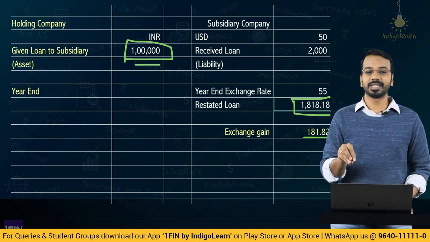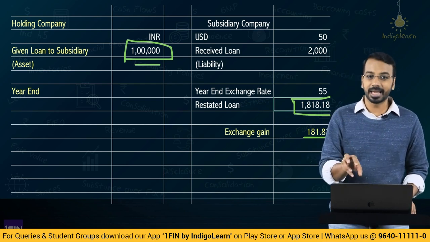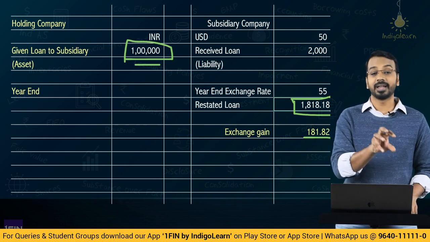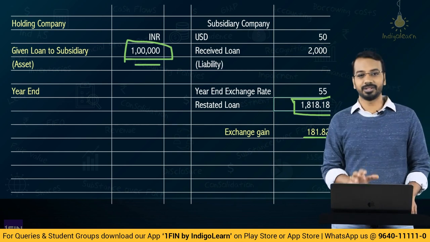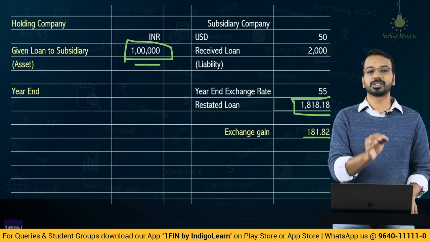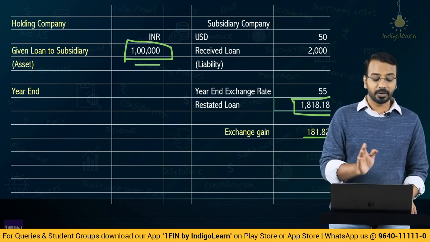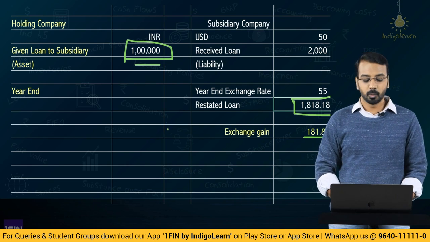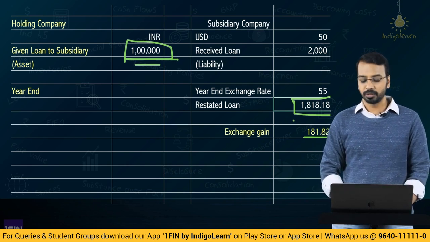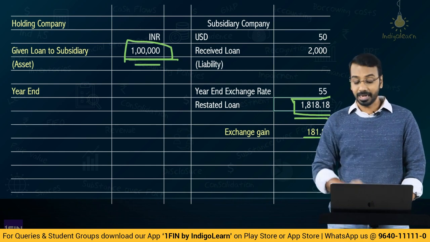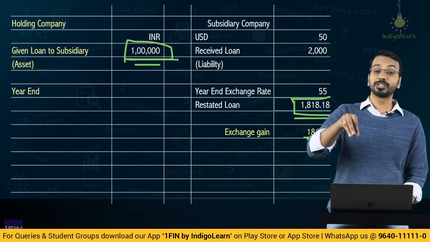Now, what do we do with this gain? This gain has to be recognized in the consolidated financial statements. You will credit it to the consolidated P&L, right? Now, as far as the holding company is concerned, the holding company will get their 1 lakh, because that is equal to this 1818, and this extra money is also saved.